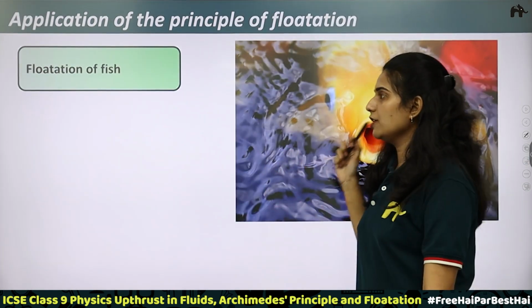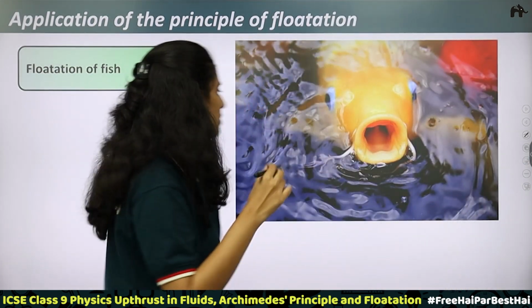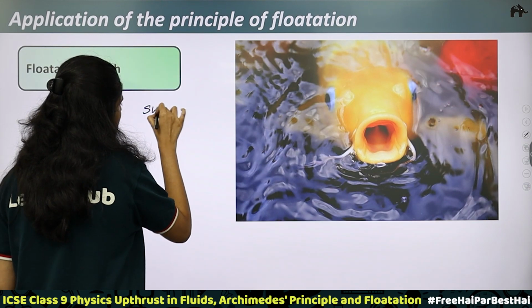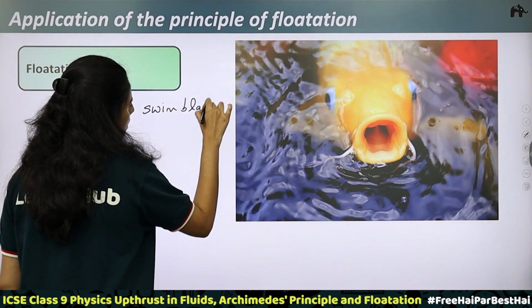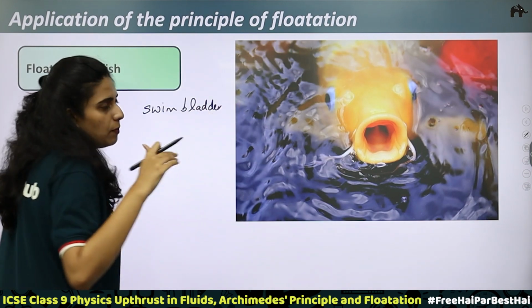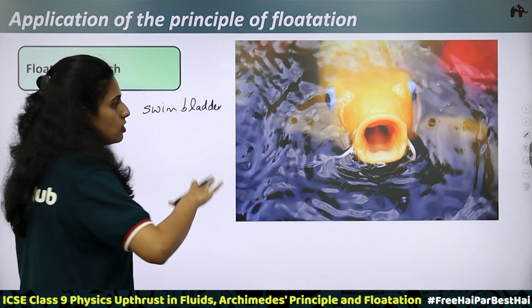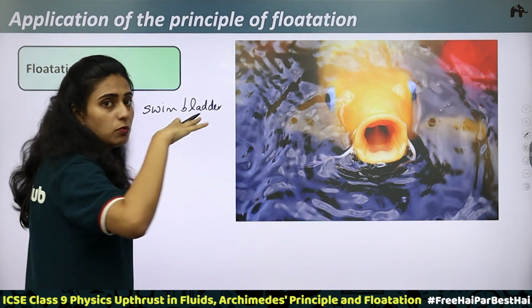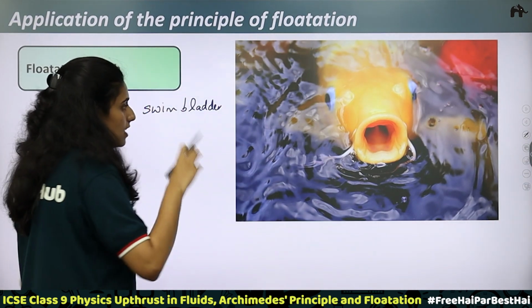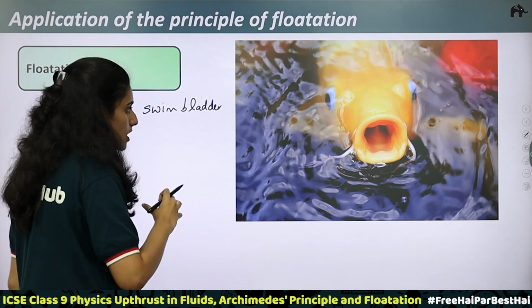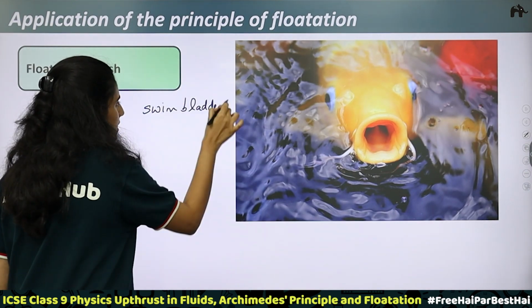Next is the flotation of a fish. In a fish, there is a part called swim bladder, okay, which helps in floating. Now here, what happens is, when the fish wants to go up in the water or move down in the water, oxygen gas that is inside the blood diffuses and fills the swim bladder.